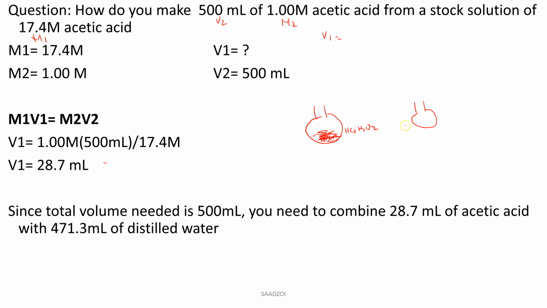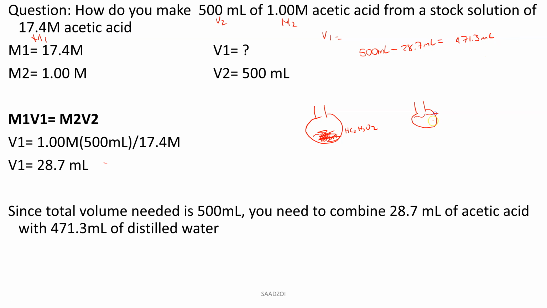We know we need a certain volume of water. So how much water do we need? Well, the total volume when this is all said and done is 500 milliliters. How much acid are we adding? 28.7. So that means we need 471.3 milliliters of H2O, because that's how you do a dilution.